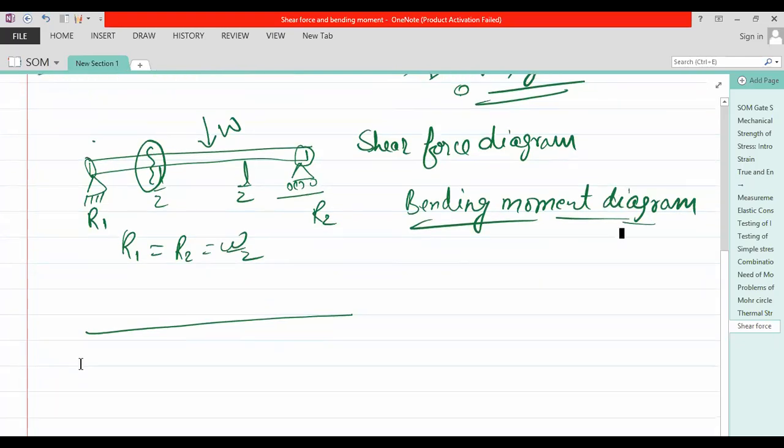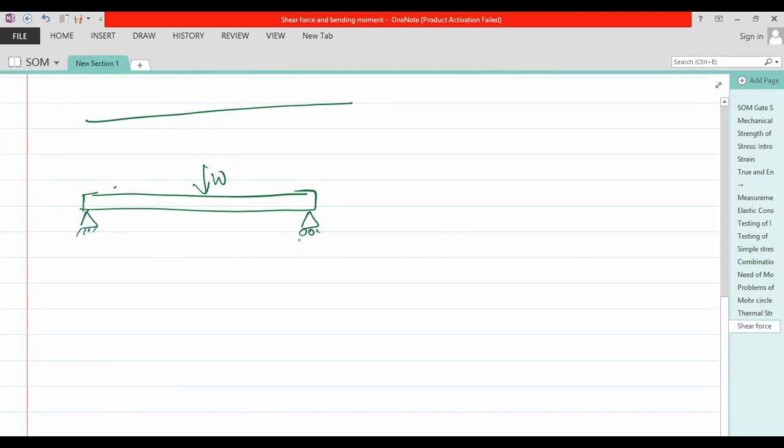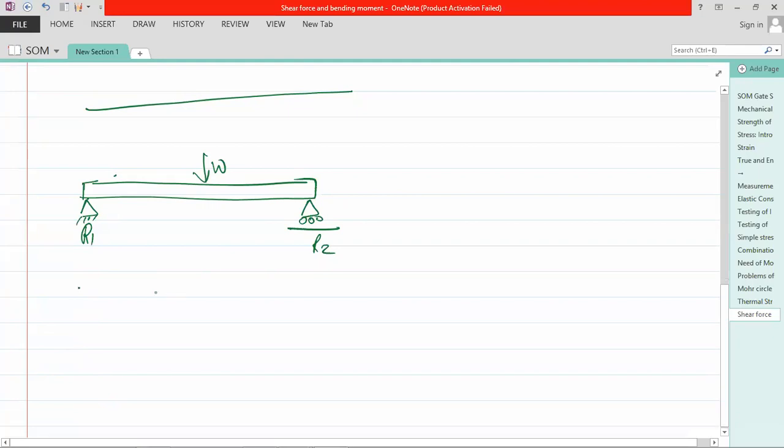Suppose I will explain here how this comes. Suppose this is your body and you applied W force. Here are the reaction forces, R1 and R2.